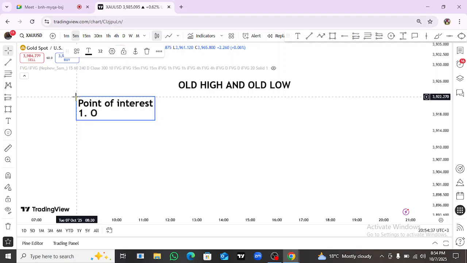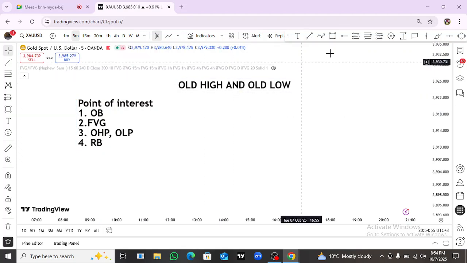We have the order block, I've already covered that on my YouTube channel. We have fair value gaps, I've also covered that. We have all high purged and all low purged. Then we have rejection blocks.